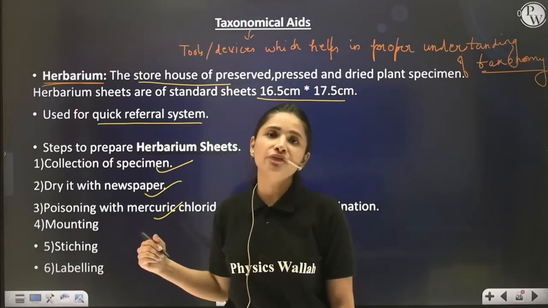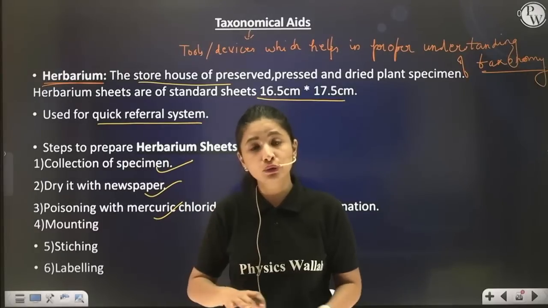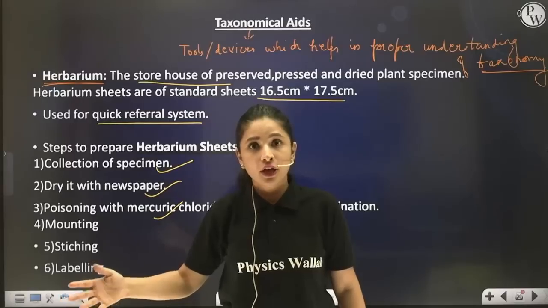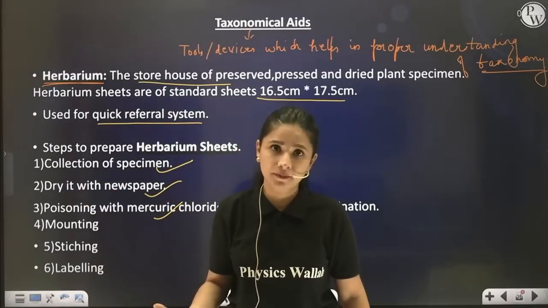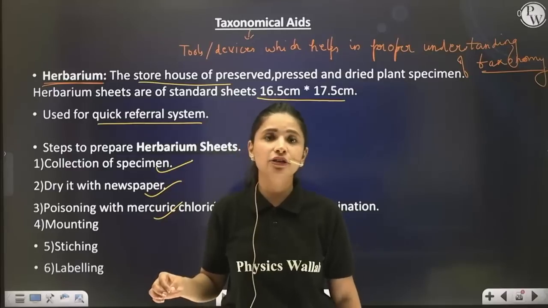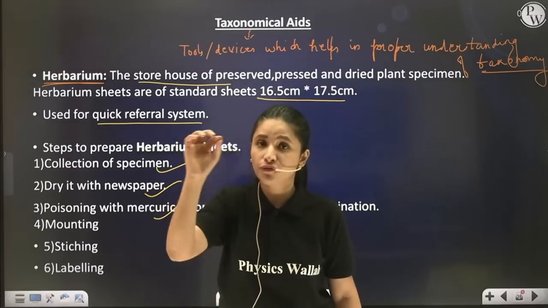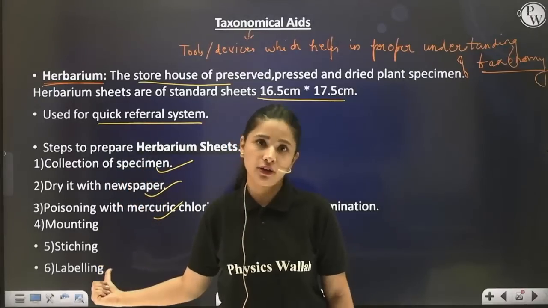This chemical is a fungicide. Now you want to keep your specimen for long, for 1, 3, 10 years, right? So you don't want any contamination to happen to your specimen. To avoid any kind of contamination, your specimen should first be treated with a fungicide like mercuric chloride.